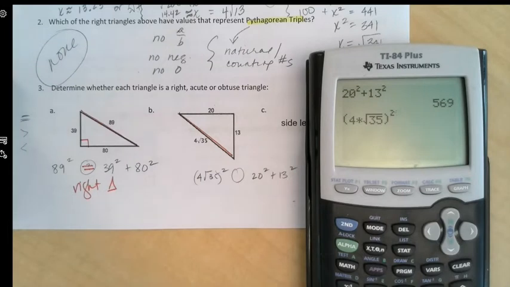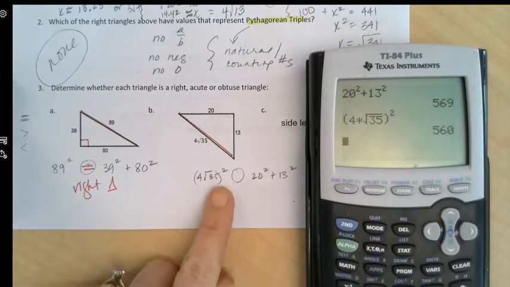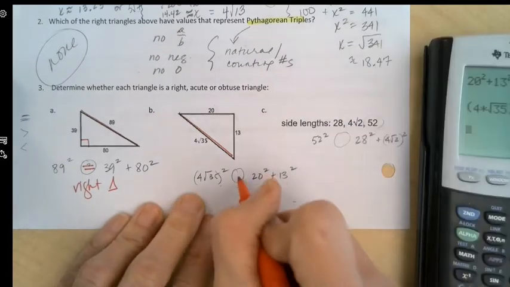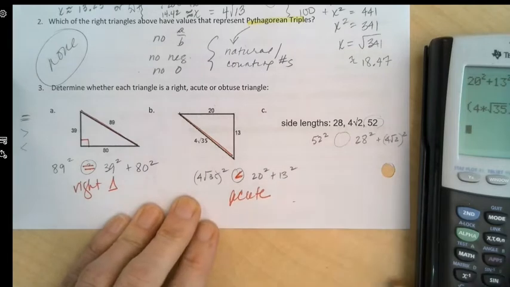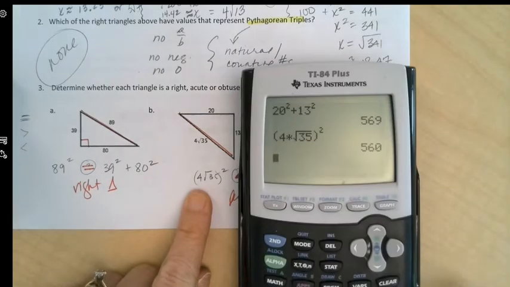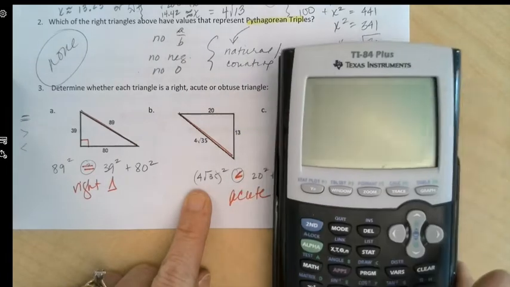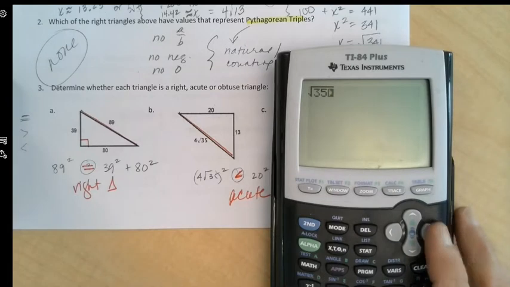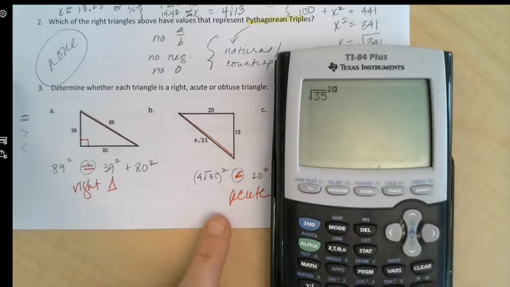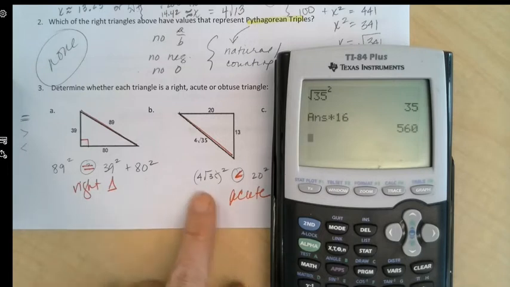That's how we want to make sure we enter that one into the calculator. What kind of triangle is it? It's acute because c squared is smaller, so it's going to be an acute triangle. If you want another way to enter this into the calculator, you can take the square root of 35 and then square that. No surprise, times 16, which is 4 squared. You get the same value.